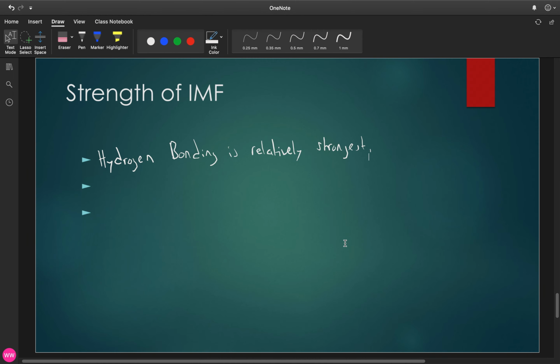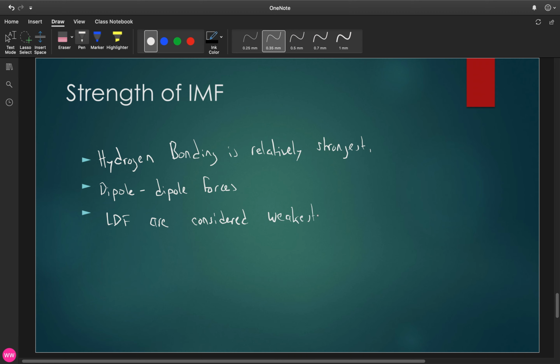But generally speaking, if I notice that something has hydrogen bonding, I can make the claim that it will probably have the stronger bulk scale properties. In the middle is the dipole-dipole forces. And last but not least, we have the LDFs. LDFs are considered the weakest. And this is for, once again, when we are predicting the bulk scale properties of compounds.